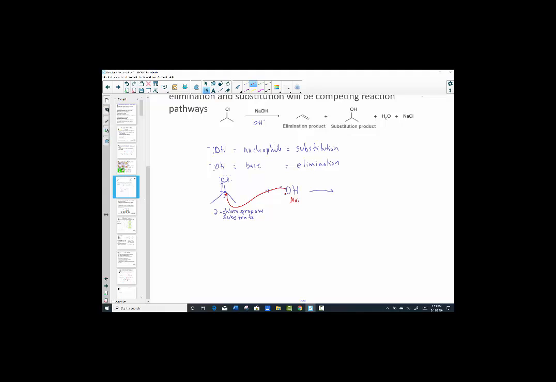So the nucleophile is seeking the electrophile, and that's the carbon. The leaving group then leaves, and it picks up its electrons. So when this happens, we can see that an OH group formed, so a substitution, and notice the chloride picked up its electrons and left.